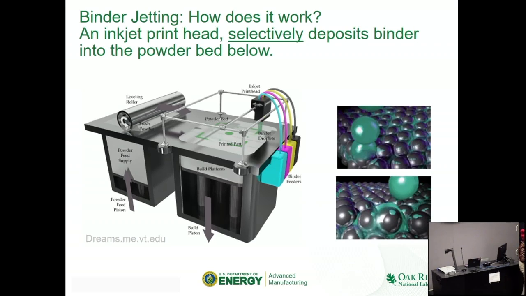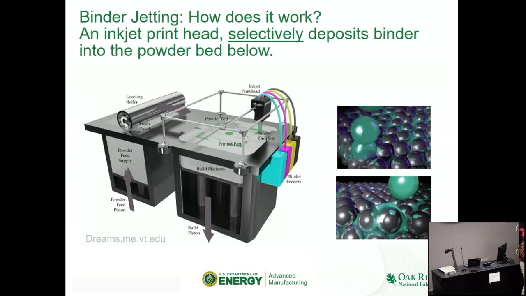How this works is that I have a metal powder or a ceramic powder or some type of polymer powder on my feed side. As I constantly build layer by layer, this side will advance upward. This roller will spread a thin layer of powder onto the build platform surface, and then my inkjet print head will selectively deposit my binder onto areas that have been sliced via a computer program like CAD to give me whatever that layer is.